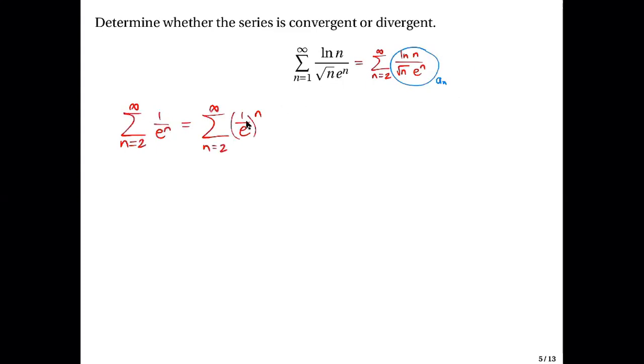And again, this is a geometric series with r equals 1 over e, and 1 over e is less than 1.